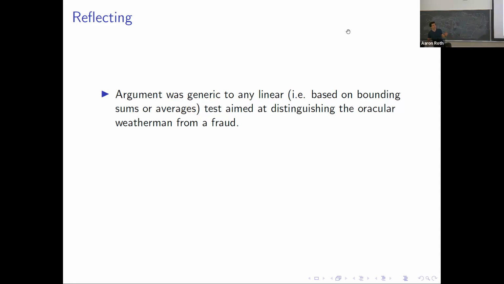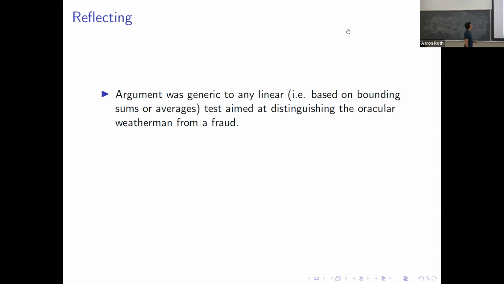Because what did we do? We wrote down this game, and then we invoked the min-max argument that allowed us to analyze the game as if the adversary moved first. The adversary moves first. They tell us the probability it's going to rain. And so that actually puts us in the position of being the oracular weatherman.